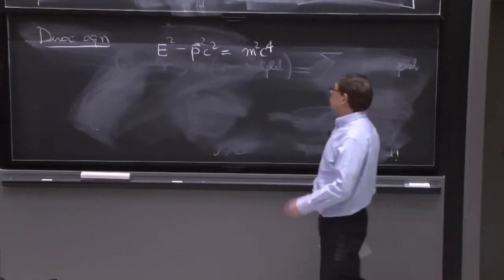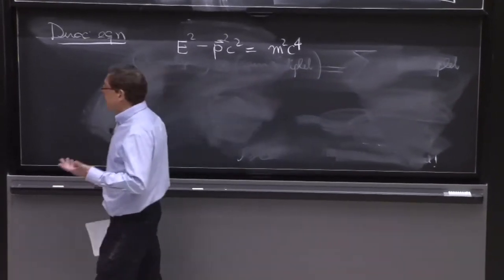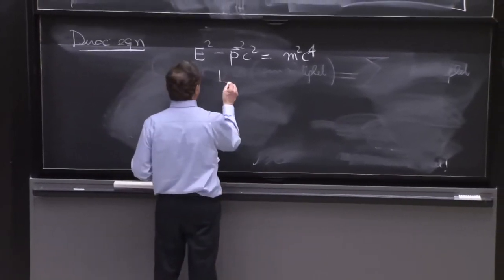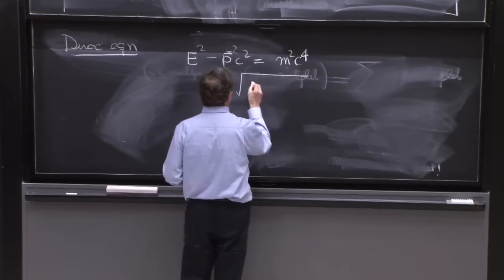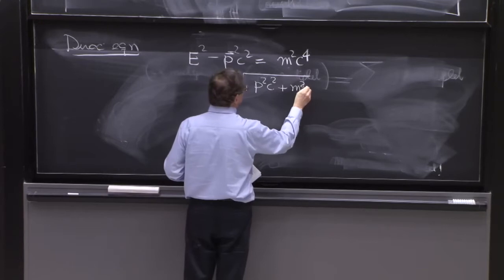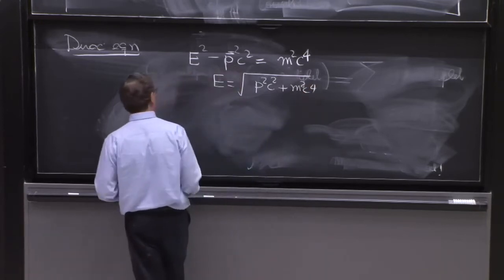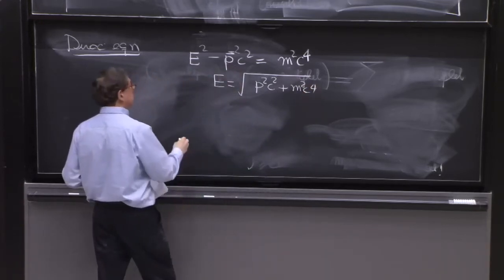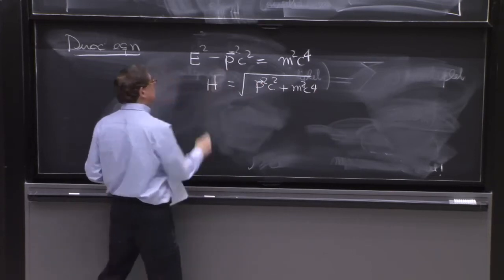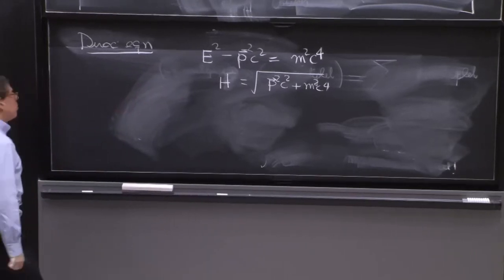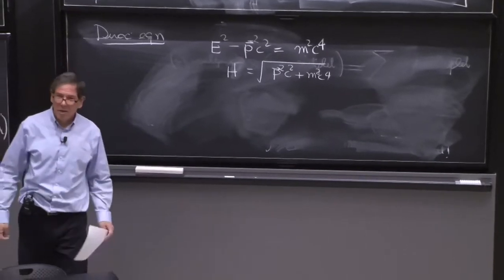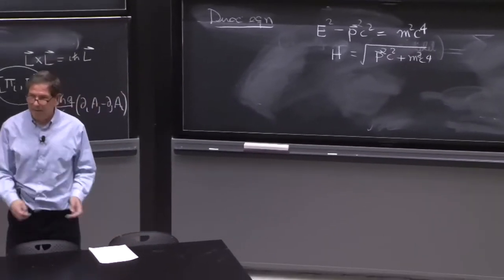So if you wanted to describe the dynamics of a relativistic particle, you could say, look, the energy is the square root of p squared c squared plus m squared c to the fourth. Therefore, I should take the Hamiltonian to be that thing, and work with a Schrödinger equation that has this H with a square root. Nobody does that, of course.